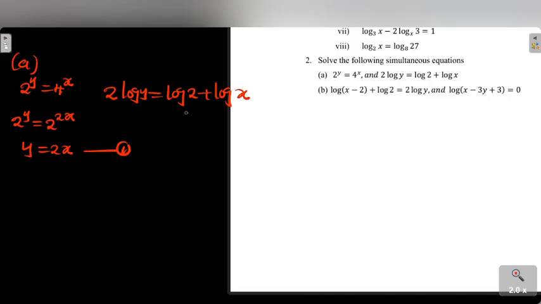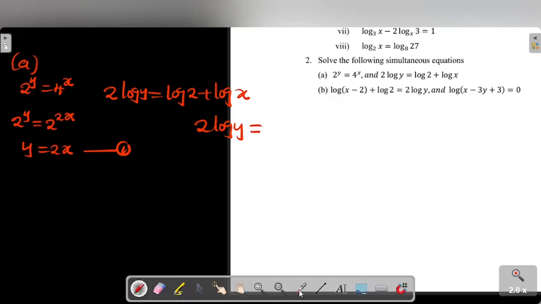Then we move to our second one. Since we have 2 log of y, now we can see that the bases are the same. Remember the base is 10 if the base is not indicated. And here we are adding, meaning that we multiply 2 times x.